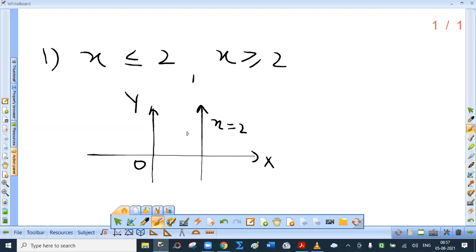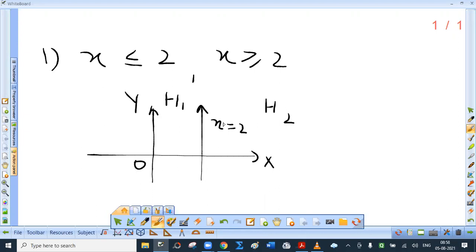Half plane h1, I can call this h1, this h2. If line does not pass through origin, I can say that this is origin side and this is non-origin side. Clearly, if a point doesn't lie on the line, then it lies either in half plane h1 or half plane h2. Now, which plane is the graph of the solution set?